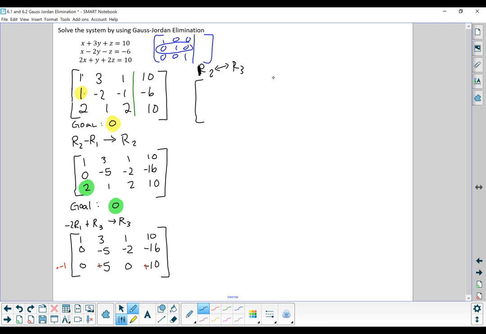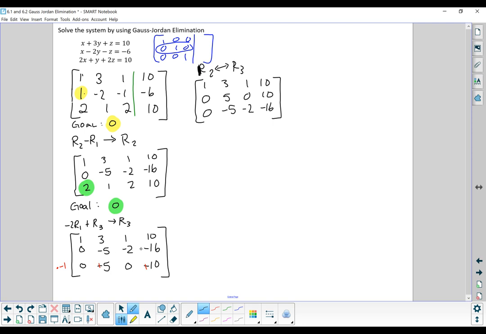Not changing anything else, just switching row 2 and row 3. So row 1 stays exactly the same. Row 2 becomes 0, 5, 0, 10, and row 3 becomes 0, -5, -2, -16. Okay, so we just switched those two rows.